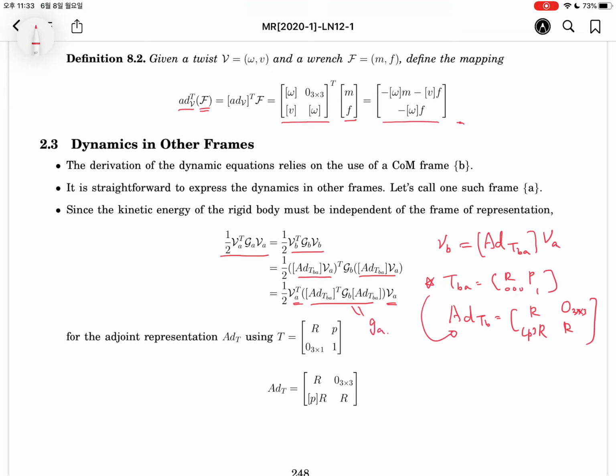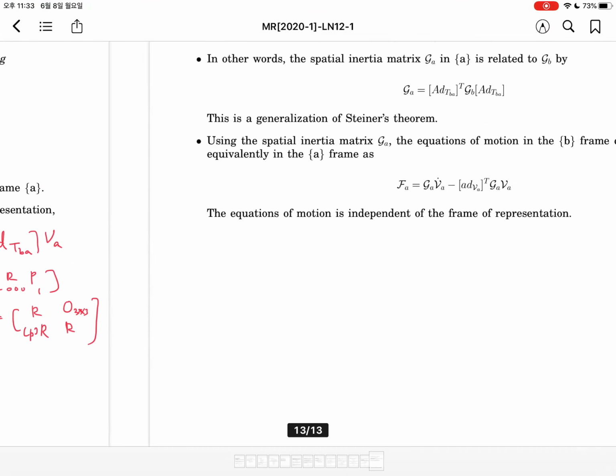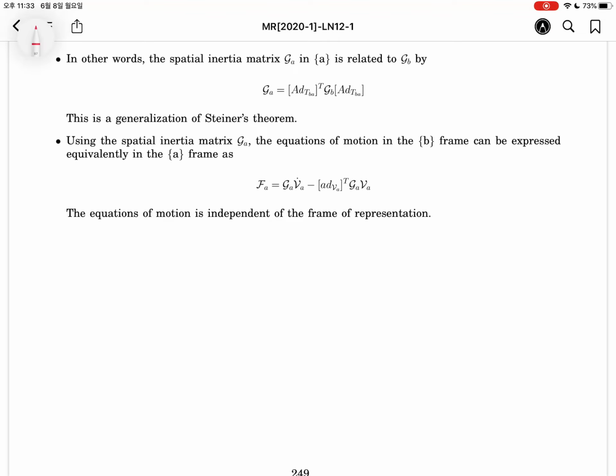Actually, it is the generalized version of what? Steiner's theorem, including rotation and translation. Okay, so the special inertia matrix GA in frame A can be obtained using the adjoint matrix like this. As mentioned before, this is a generalized version of Steiner's theorem, including rotation and translation.